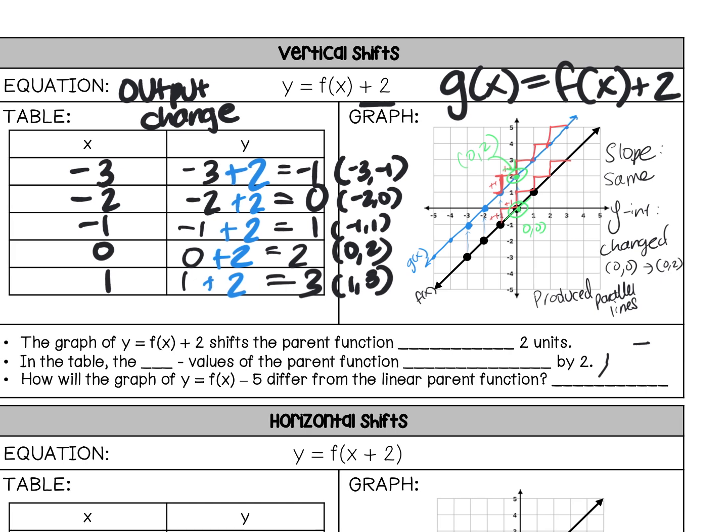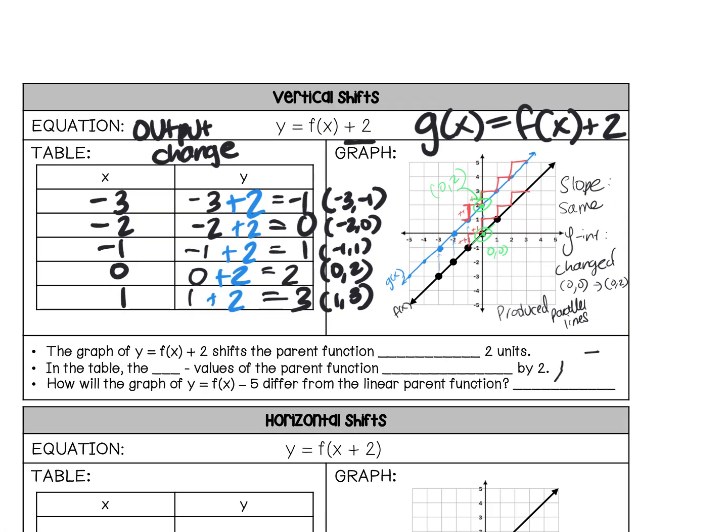All right, the graph of y equals f of x plus 2 shifts the mother function up 2 units. In the table, the y values of the parent function increase by 2.